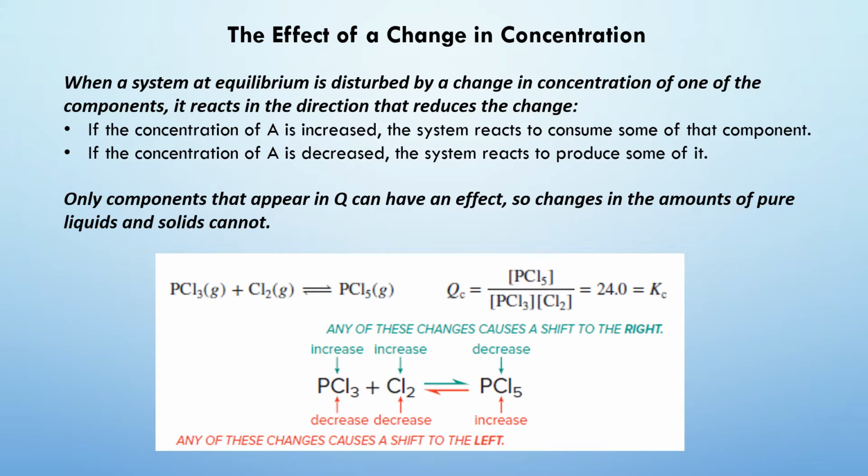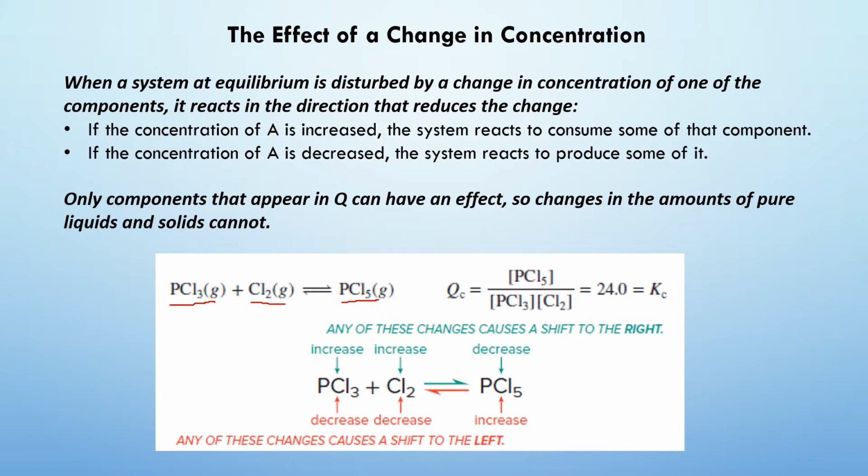So in this example, let's take a look at this chemical reaction. We have this gas molecule PCl3 reacting with this chlorine gas Cl2 and generating this PCl5 gas. Using the reaction quotient, we can represent this Qc as equal to the concentration of product divided by the concentration terms of the reactant.